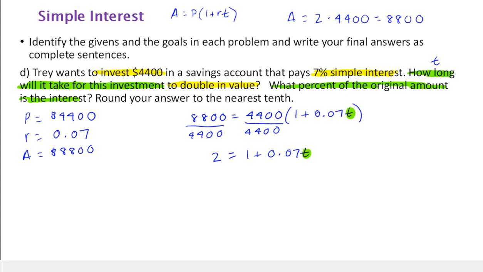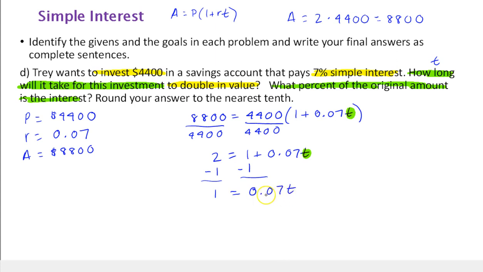Okay, so let's see what we should do next. So we want to get t alone. This means t times 0.07 plus 1. Okay, so first we'll subtract the 1, and then we'll have 0.07 t by itself. So now we have 2 minus 1 is 1. 1 equals 0.07 t. Okay.